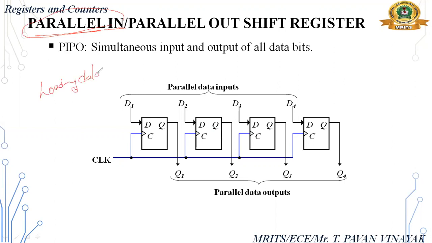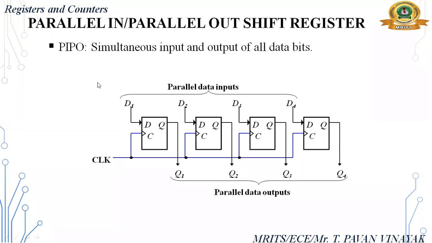In the first class I said registers are useful for loading data, storing data, and shifting data. Here there is no shifting, we are just loading data. So parallel in, parallel out.